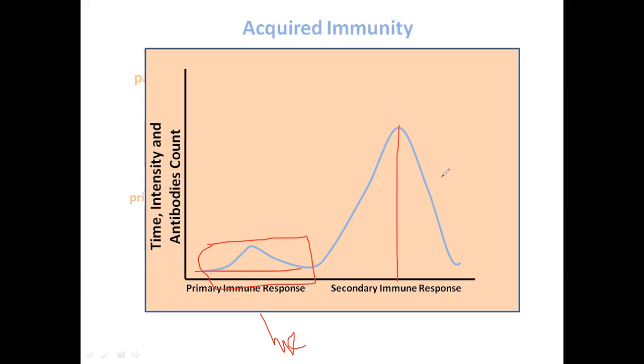It has the permanent immunity against the antigen after the first immune response. Therefore, it responds very quickly and fast. And during this immune response, it produces a tremendous amount of immunoglobulin G. Therefore, its intensity is much greater, tenfold higher than the primary immune response. So this is the difference between primary and secondary immune response.